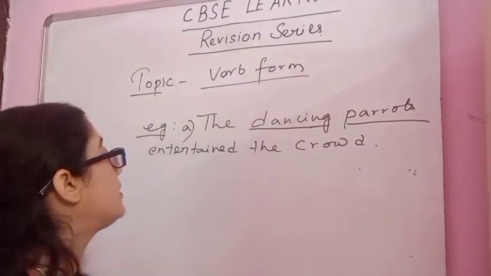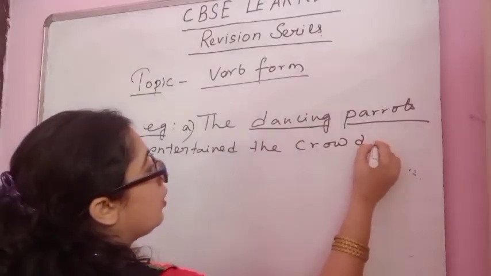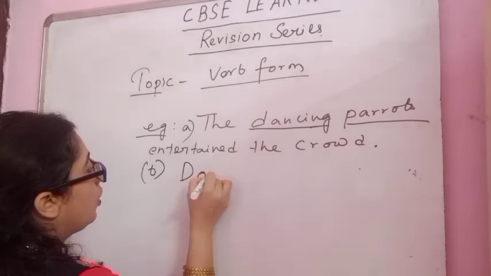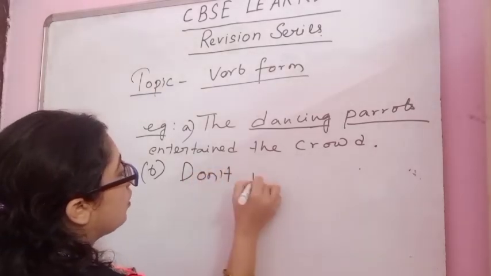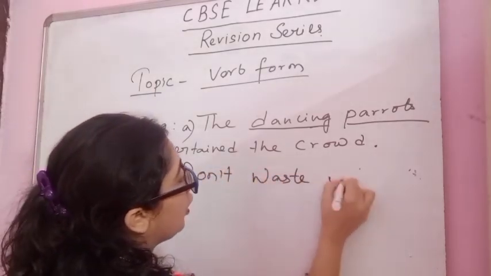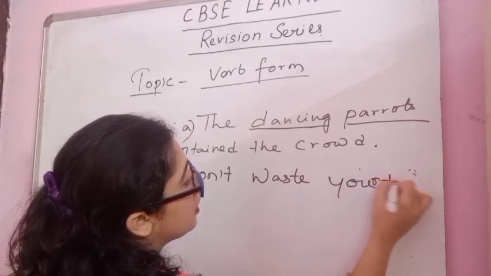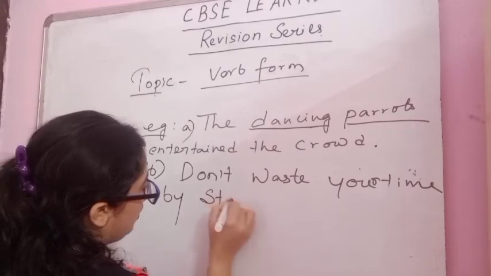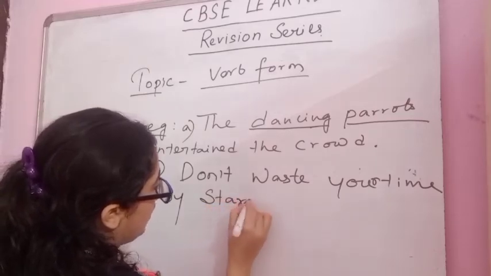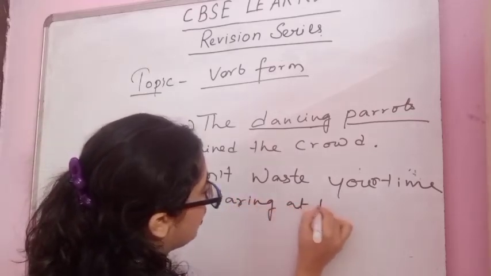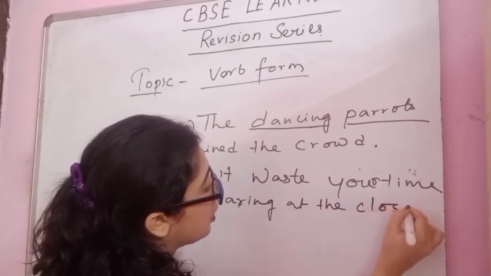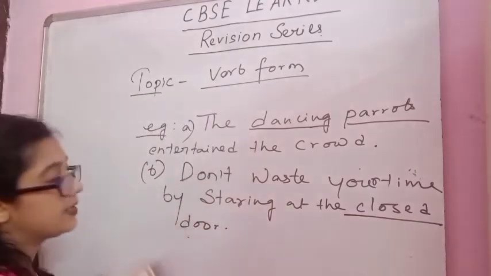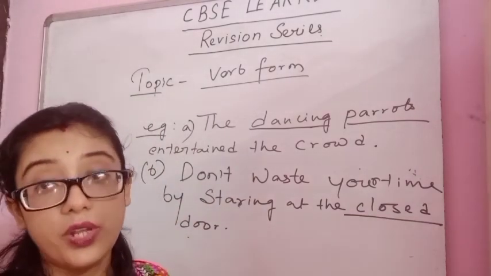Next one, let me give you one more example. Don't waste your time by staring at the closed door. What door? Closed door. It is describing the door, that the door is closed.